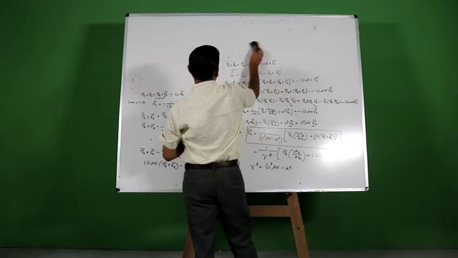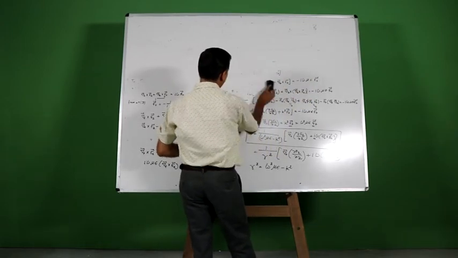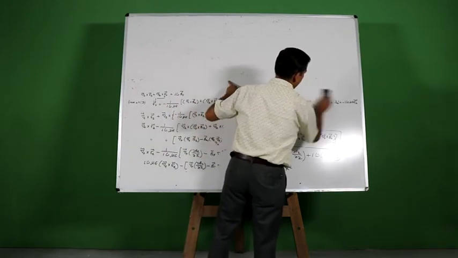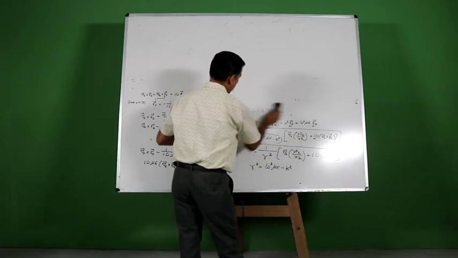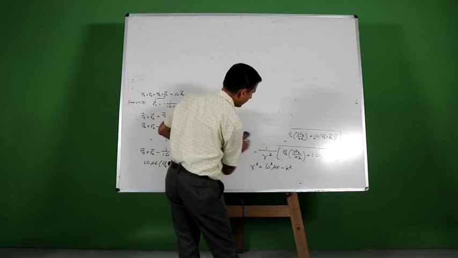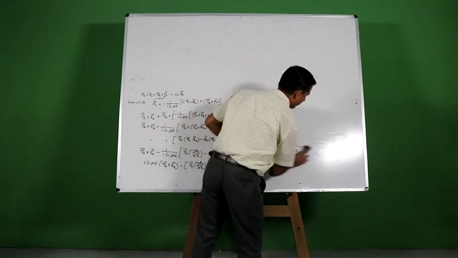You have to remember the results of these equations: what is Et, what is Bt, because these relations will be used in the next part.